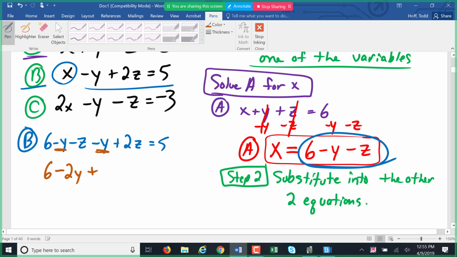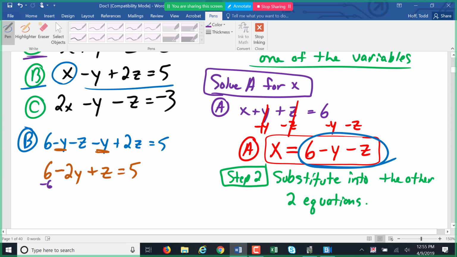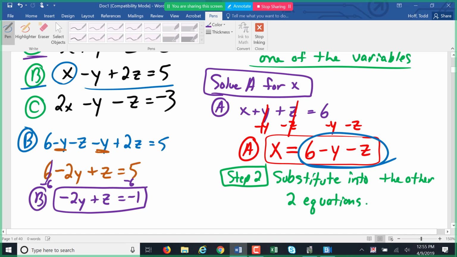Z. Just z, so plus z equals 5. And my last thing I will do here is I will subtract 6 to get the variables alone on the left side. So I've got negative 2y plus z equals 5 minus 6, which is negative 1. So that is my modified equation B.